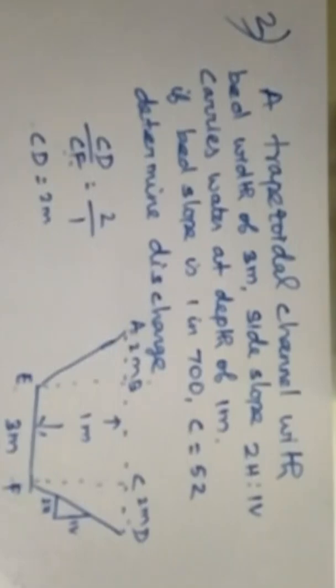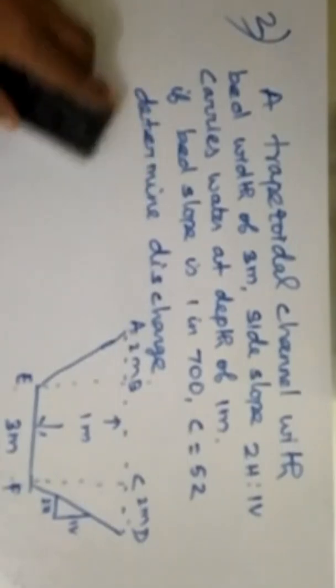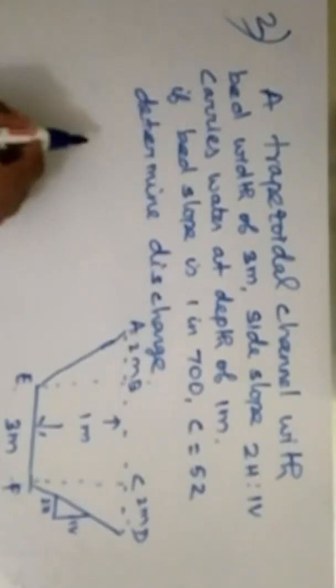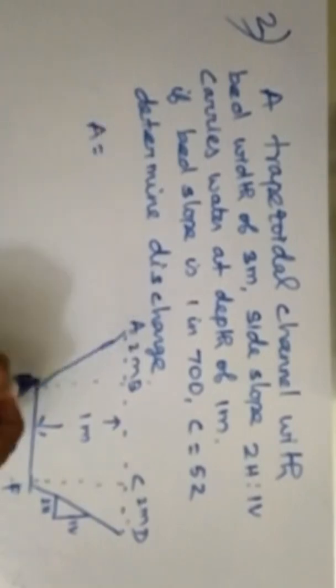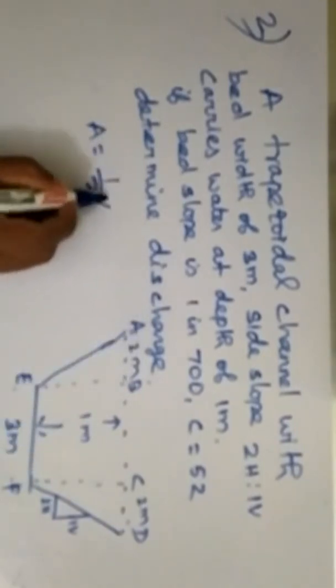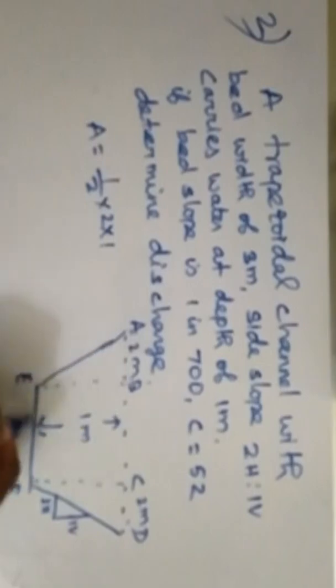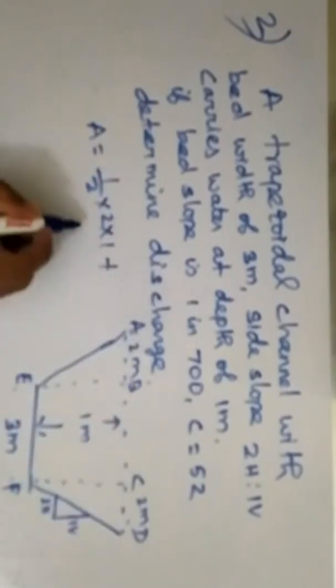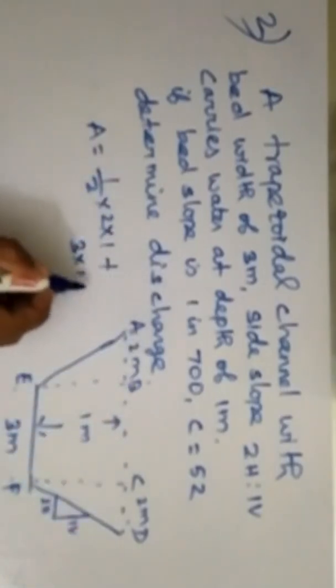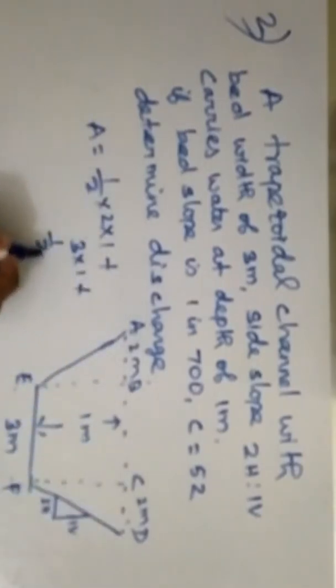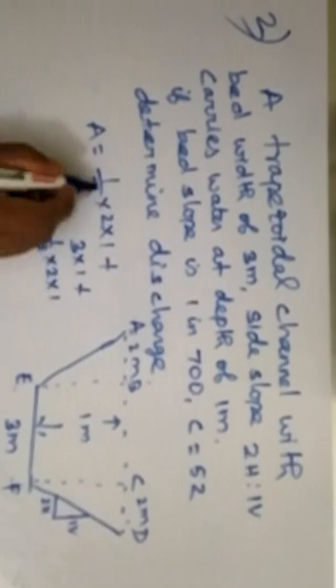Then I can calculate the area easily. How can I calculate the area? Area is one triangle, half into 2 into 1, plus one rectangle, 3 into 1, plus another triangle, again half into 2 into 1.